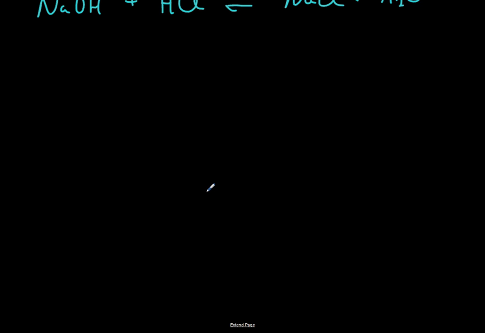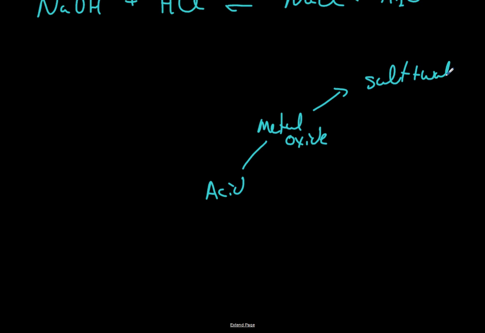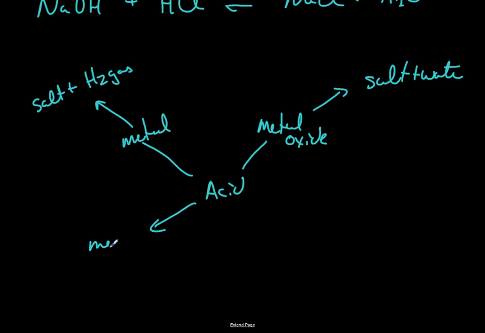So what you can do is quickly draw a little summary here. Acid with a metal oxide gives salt and water. Acid with a metal gives salt and H2 gas. Acid with a metal hydroxide gives salt and water.